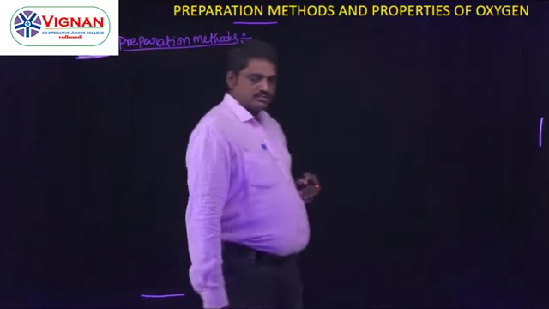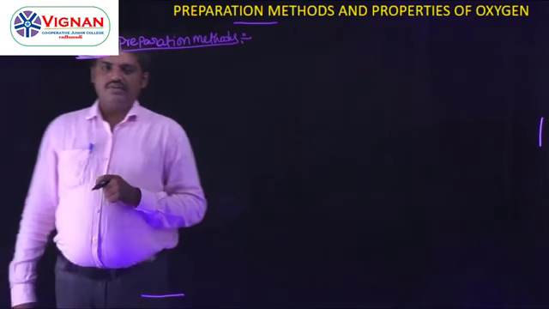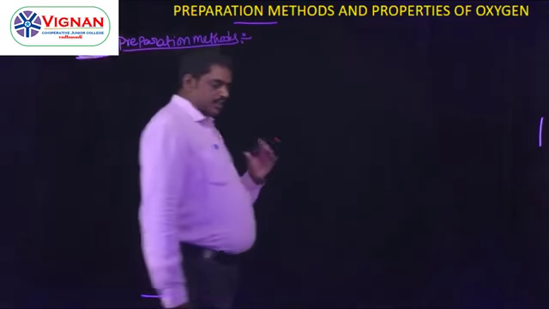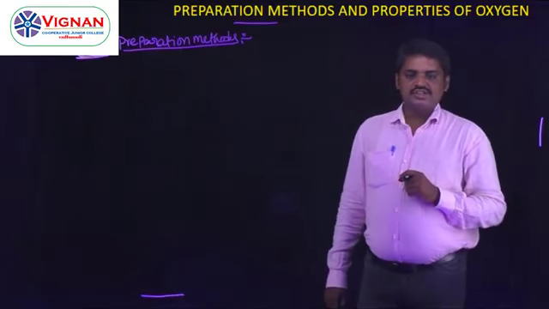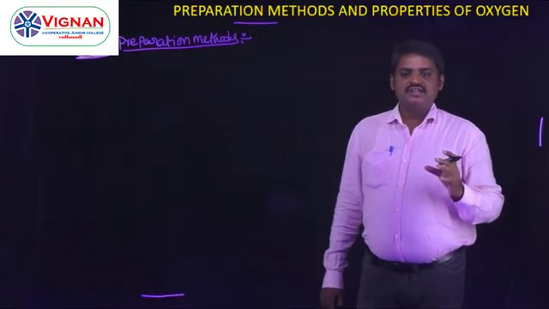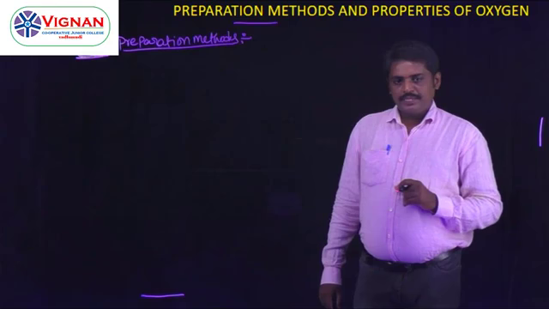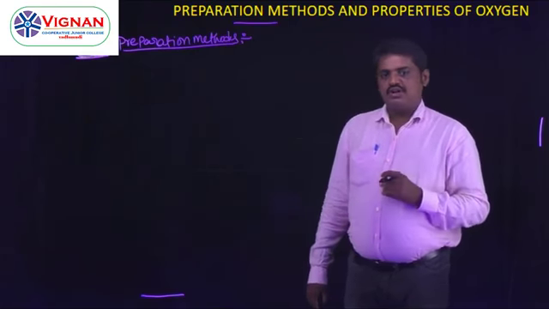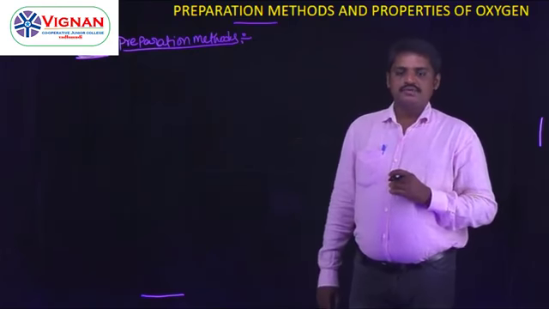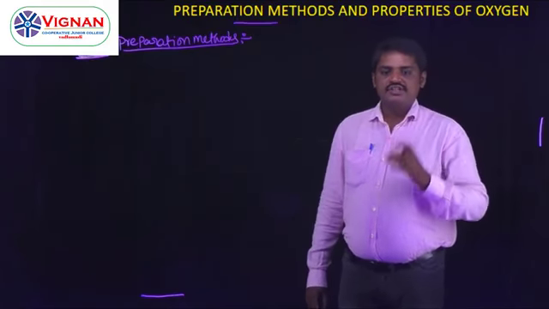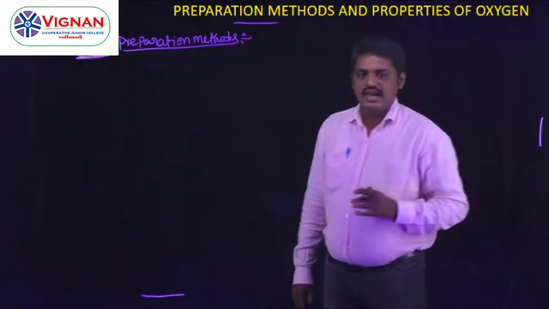First one, sodium nitrate reacts at high temperature to produce sodium nitrite and eliminated dioxygen gas. This is the thermal decomposition of sodium nitrate to produce sodium nitrite and a small amount of oxygen gas.